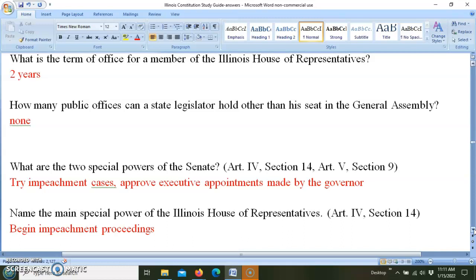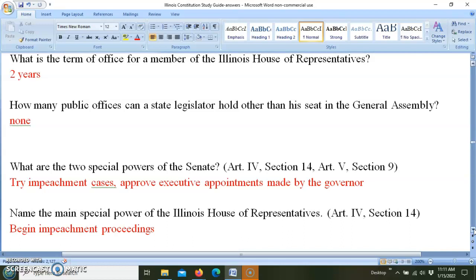When someone is impeached, and the people who can be impeached are anyone who are elected into either the executive branch or the judicial branch of our state, and if they do some wrongdoing, or it is believed that they have done serious wrongdoing, what will happen is they can be impeached, and the Senate will actually put the impeached person on trial.